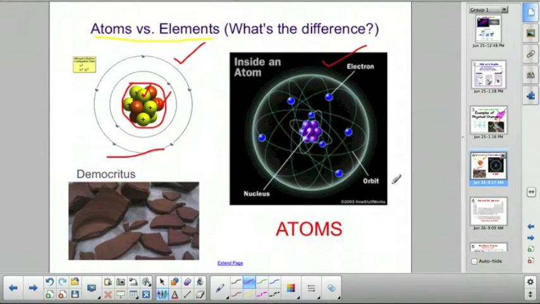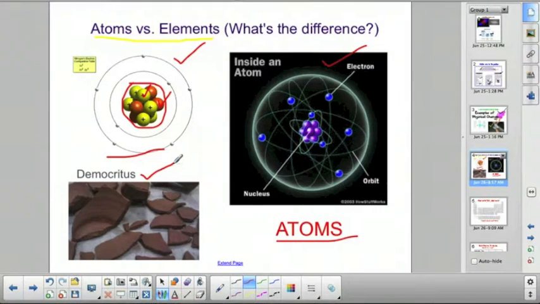A little bit of a history lesson here, kind of an interesting story. Where does the term atom come from? Well, atom is a term coined by a man named Democritus, and he was a Greek philosopher.